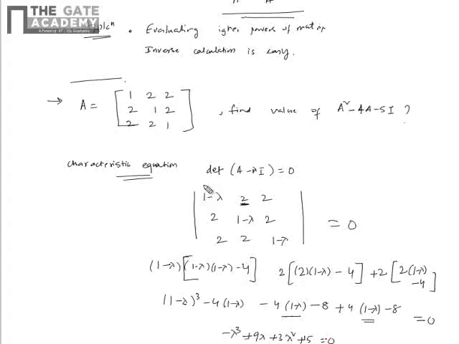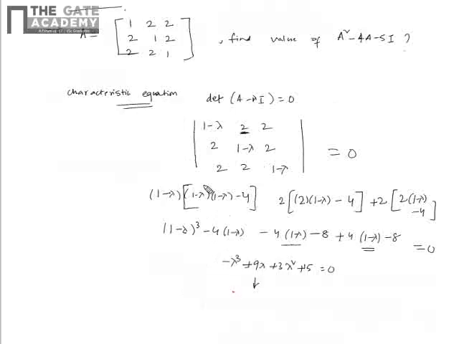Now you need to factorize this, and for that you need to search for one root. When you factorize, it comes out in the form minus lambda square plus 4 lambda plus 5, into 1 plus lambda, is equal to 0. This is somewhat tricky, since you have to guess the root first.